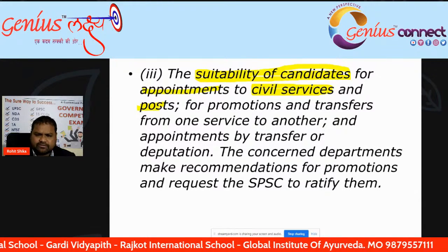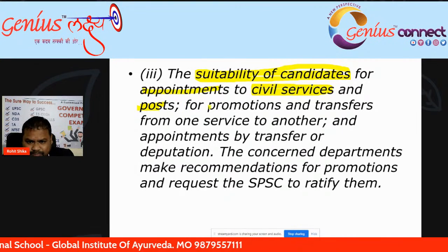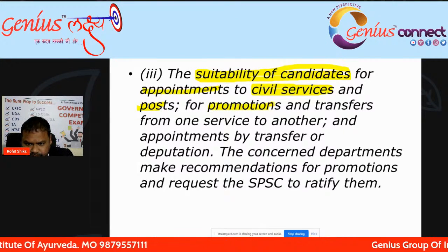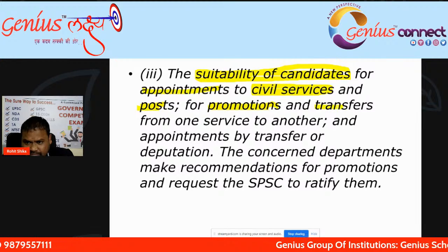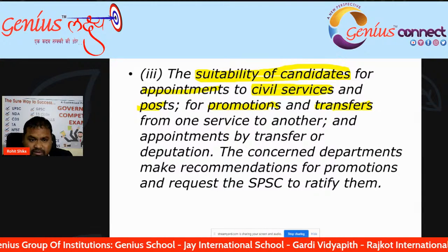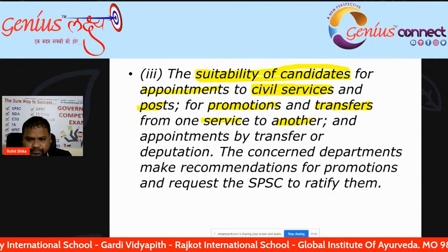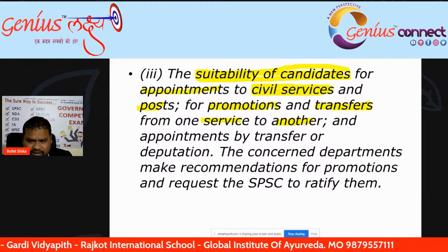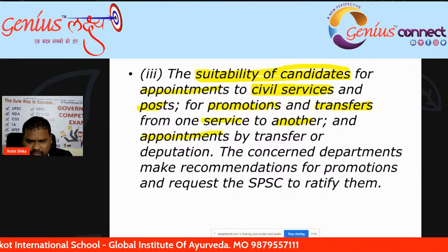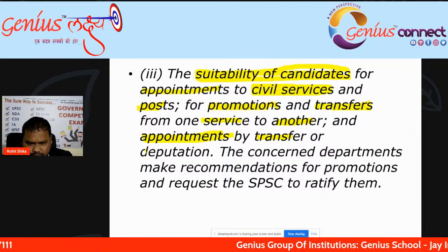Also, the State Public Service Commission is responsible for promotions, transfer of job from one place to another place, from one service to another service, and appointments by transfer or on deputation.